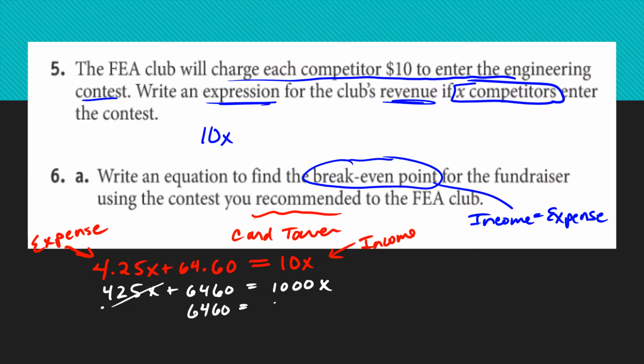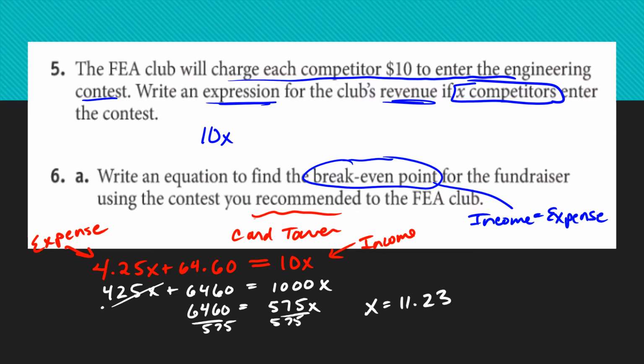So if we do 1000 minus 425, I'm going to get 575. And then we'd have to divide, right, by 575. So if we divide 6460, and I'm going to say this again, I hope you're doing this yourself, right? It won't have a lot of meaning if you're just writing it down because I said it. So I get x equals 11.23, right?